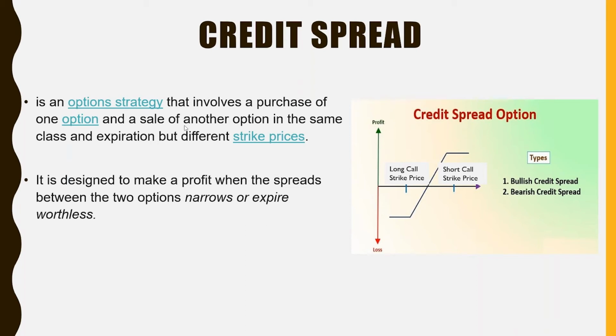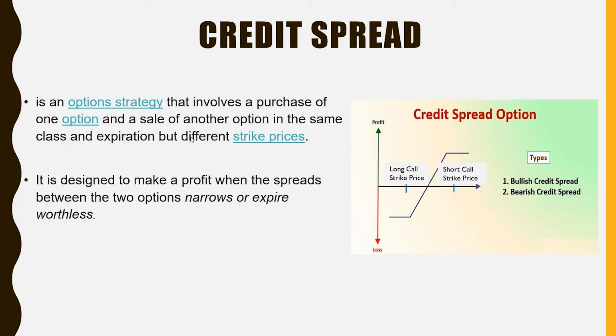It's just an option strategy that involves a purchase of one option and a sale of another option in the same class, the same stock, at the same expiration date, on two different strike prices. Right. So let's say we buy 150 calls and then we sell 152 calls.